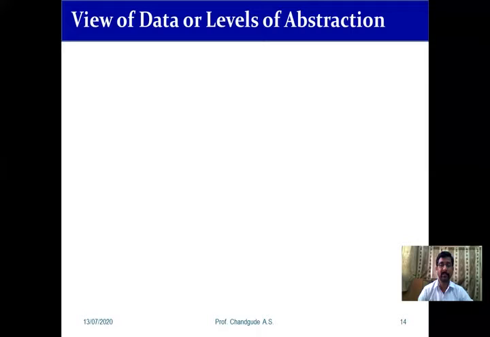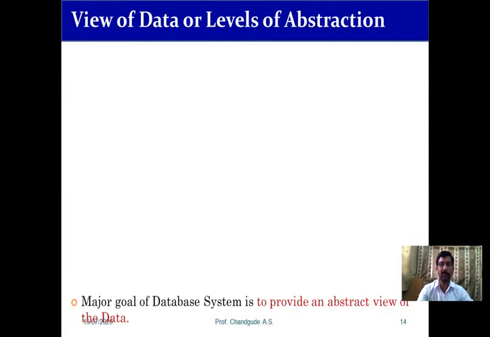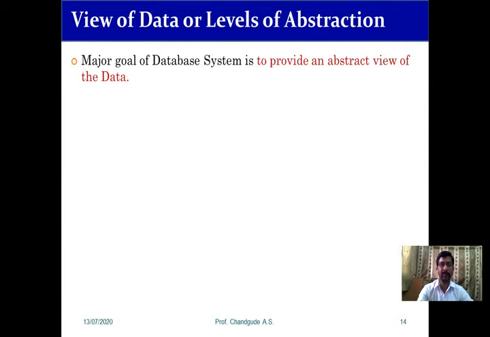End users are just interested in the outcome of the data. All these things are complicated with respect to end users, and the DBMS provides the facility of data abstraction through different levels of abstraction. We will focus on all these levels.